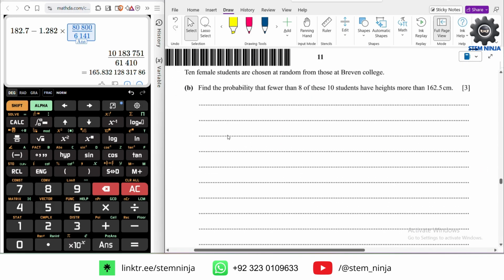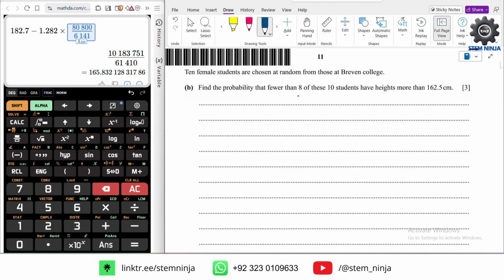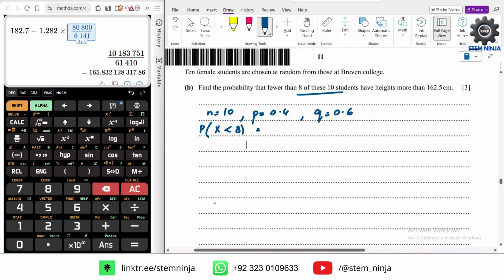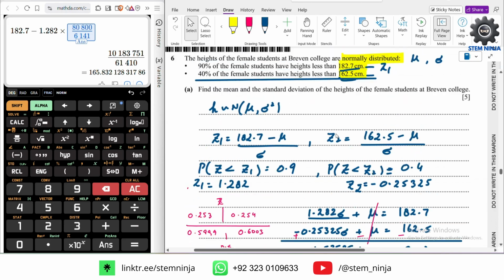So this is now binomial. So n is now 10, p is 0.4, q is 0.6. So we are looking for probability x less than 8.